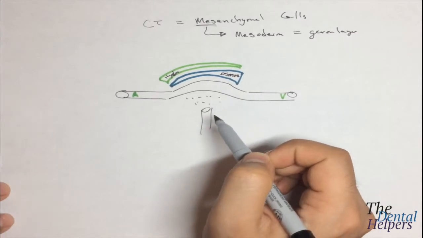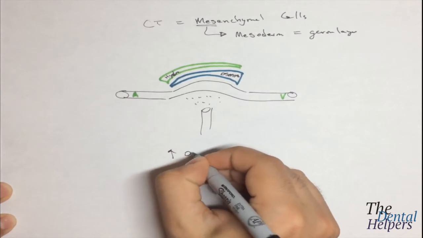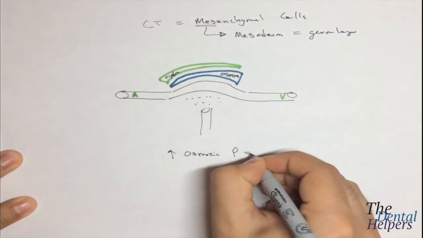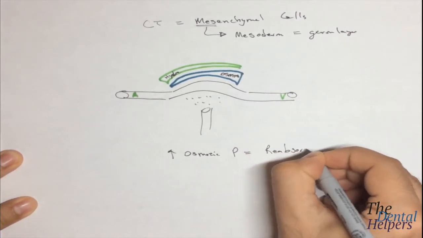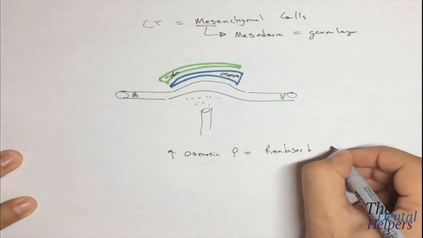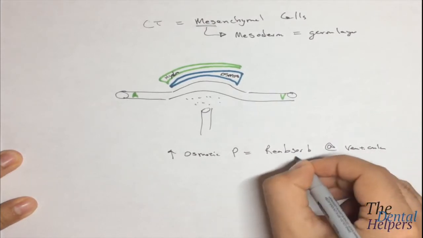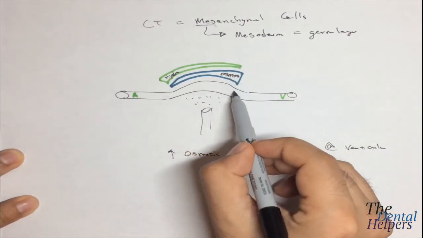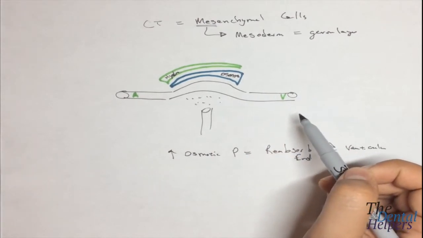So if we think about it, an increase in osmotic pressure is going to allow for reabsorption at the venous end. So it's this higher osmotic pressure that's allowing for fluid or water to come back into the venous system.